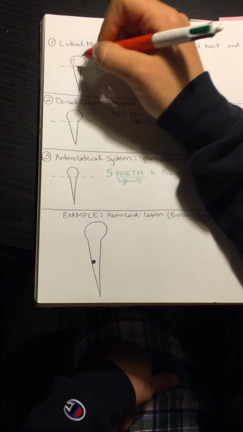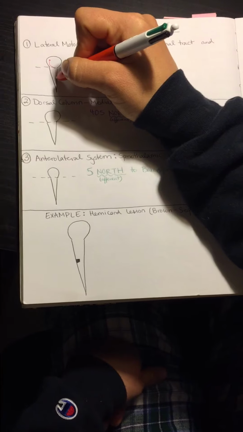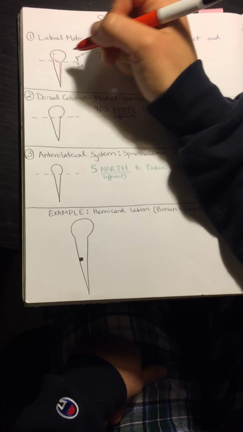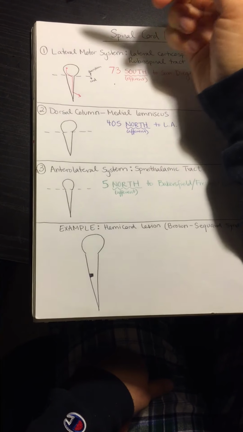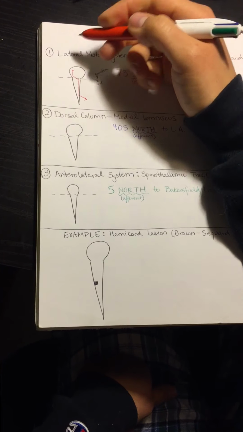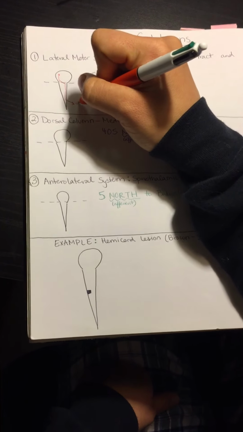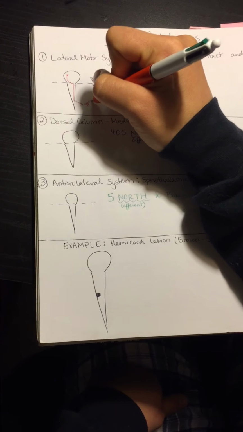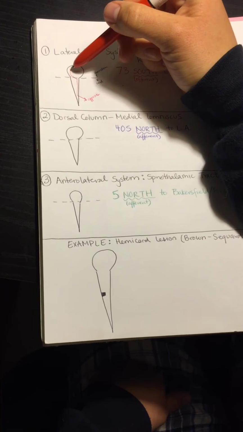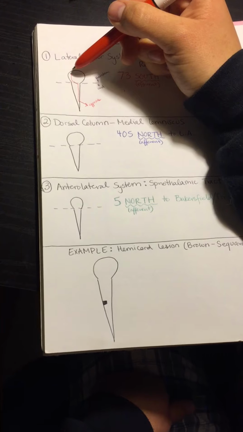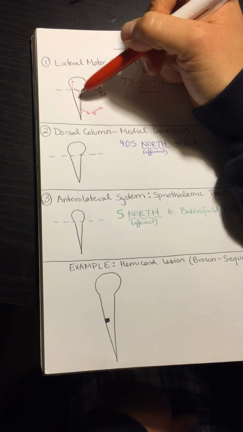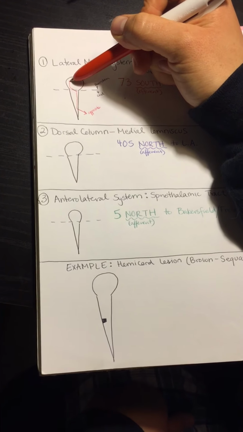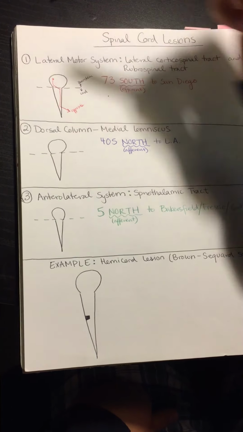And then it's going to continue down the cord, and when the fibers get to the appropriate level, they're going to exit the cord. You'll notice that they are exiting the cord on the opposite side versus the side that the signal started from. So what that means is that the motor function on the right side of your body is controlled by the left side of your brain and vice versa.